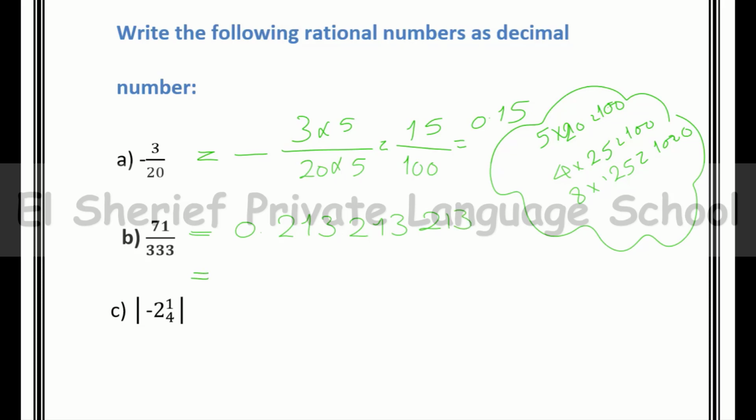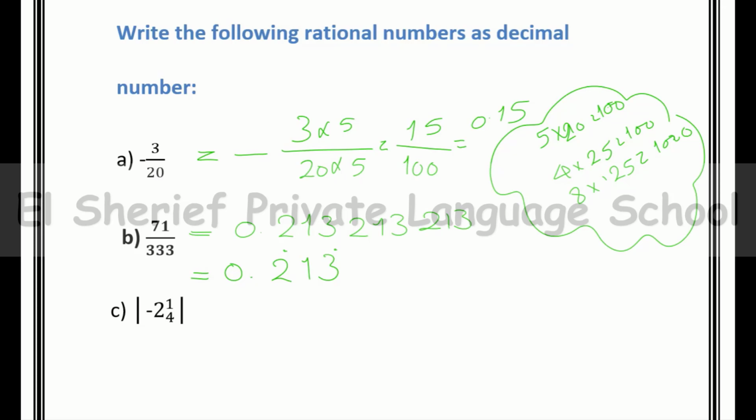I will write it in this form: 0. and 2 repeated, 1 and 3. Don't put a dot on digit 1. When we put this dot on 2 and this dot on 3, the first number and the last number, that means all of these numbers are repeating.